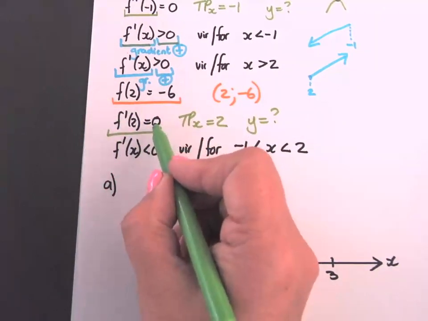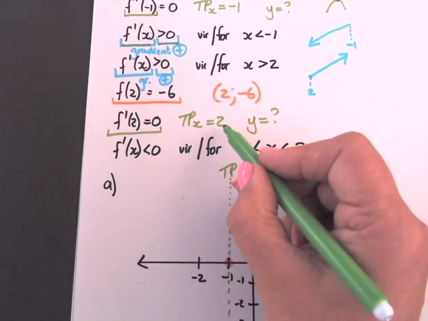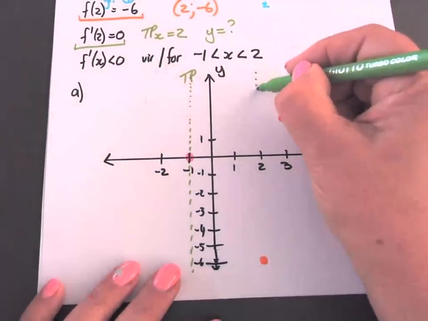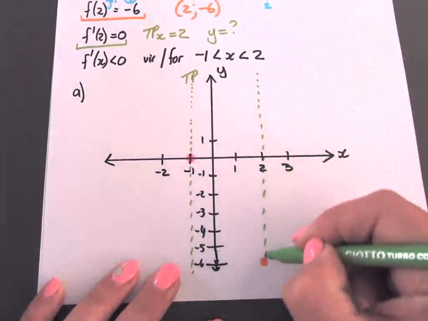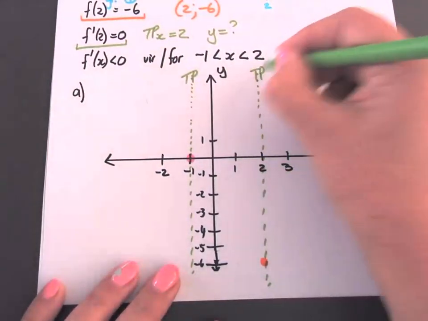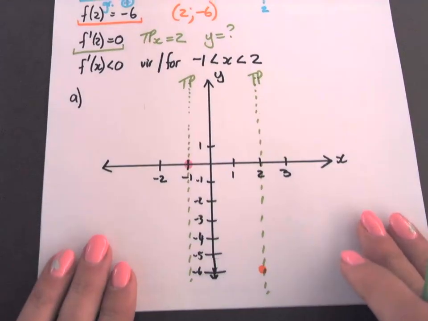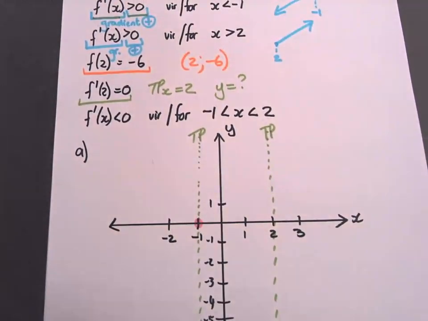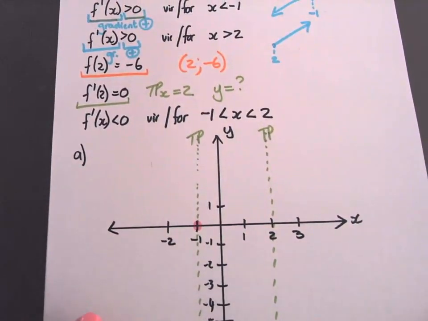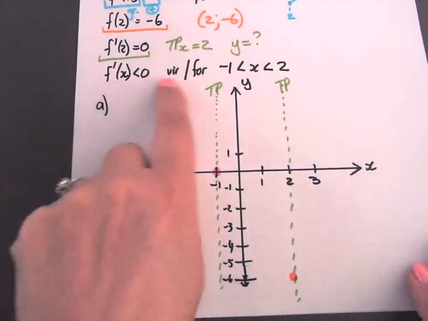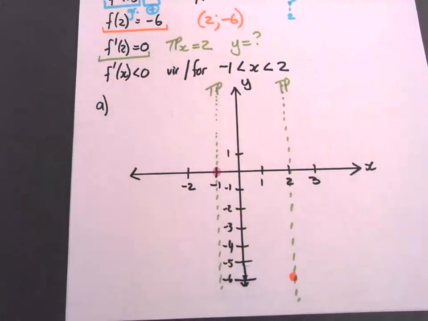It's not the y value at the turning point. So I know the turning point has an x value of 2. Another dotted line. The turning point must be somewhere on that line. Isn't it at -6? Yes, it will.